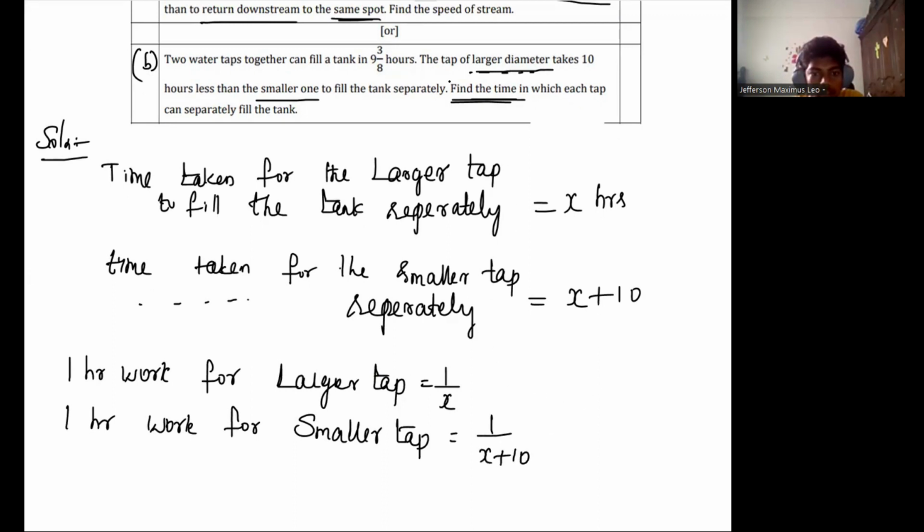Okay. So in 9 3/8 hours, the two taps together can fill the tank fully. Combined work, the work will be completed in 9 3/8 hours. Is that correct?